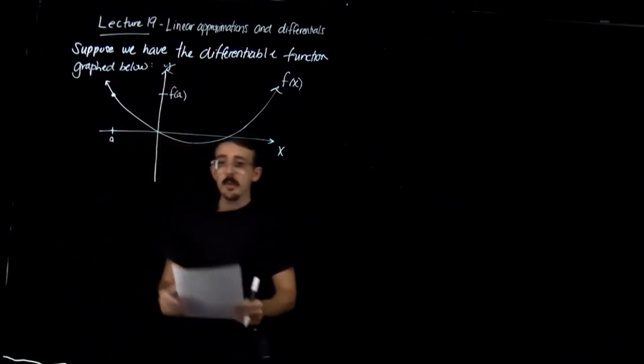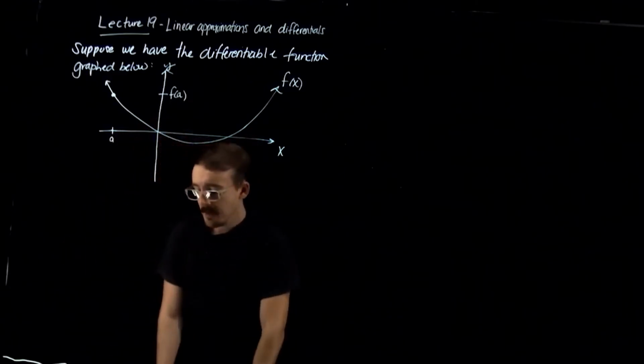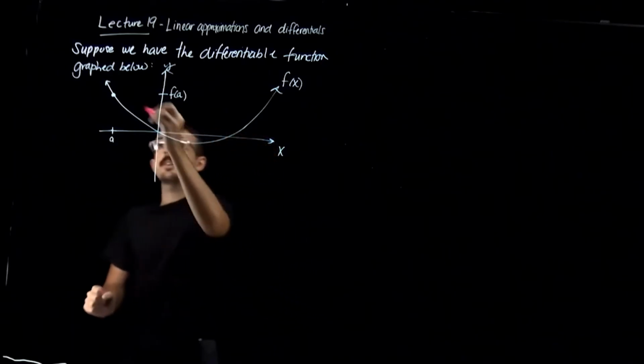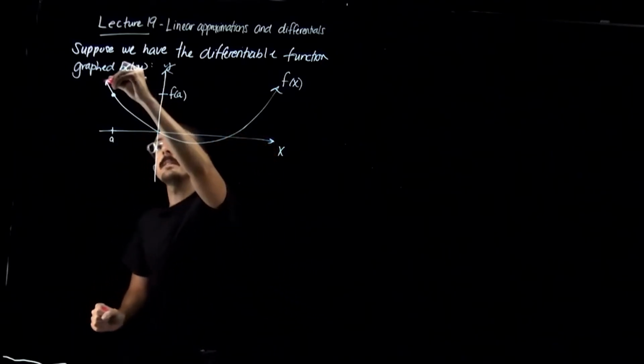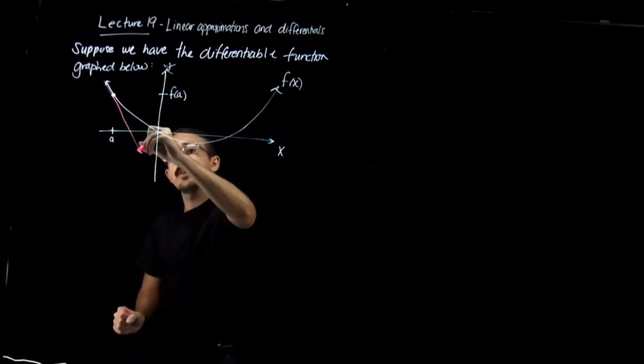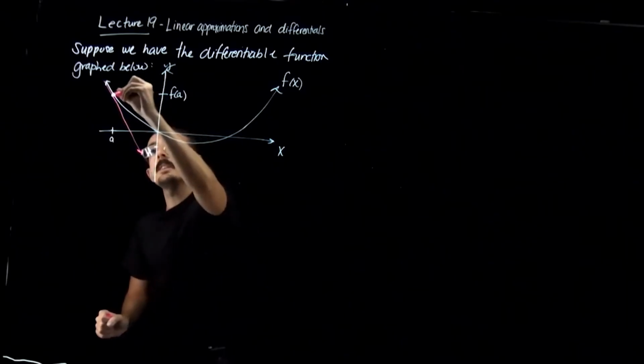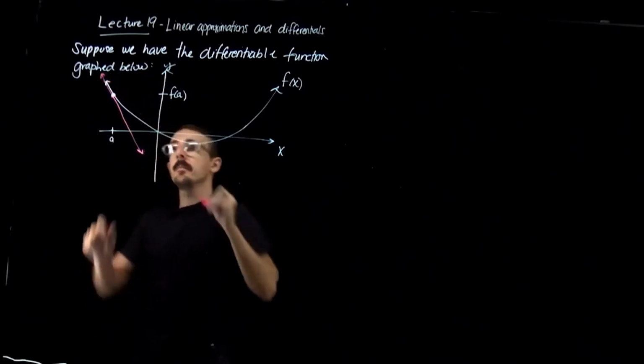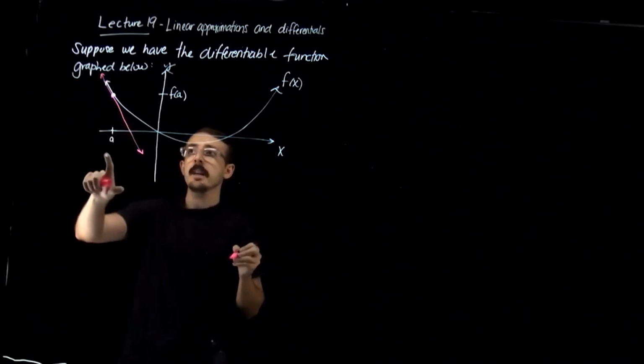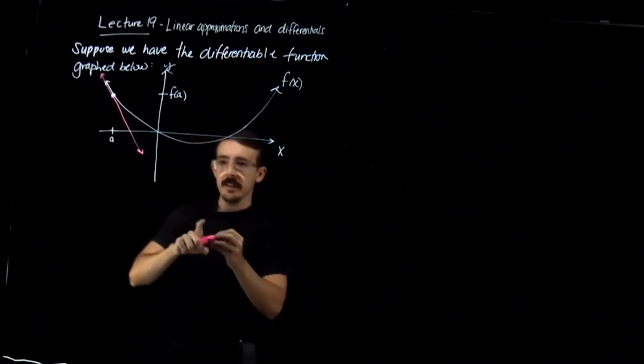And what I'm going to do from here now is I'm going to draw the tangent line to the curve at A. So it looks something like this. So it just touches the spot right here where x equals A, and then the tangent line does something like this.